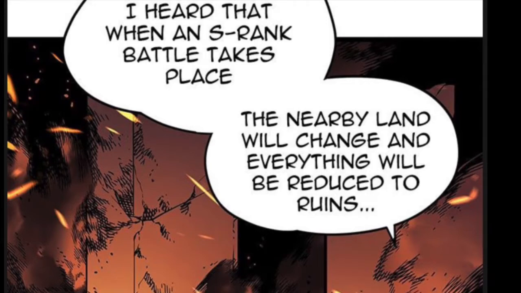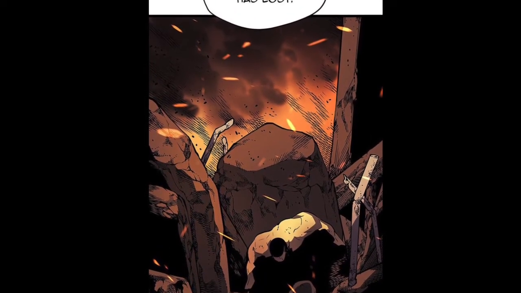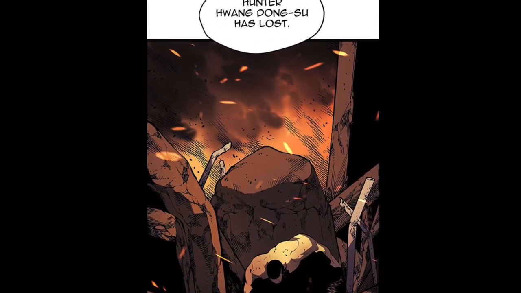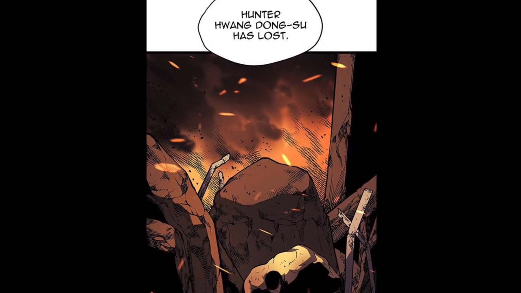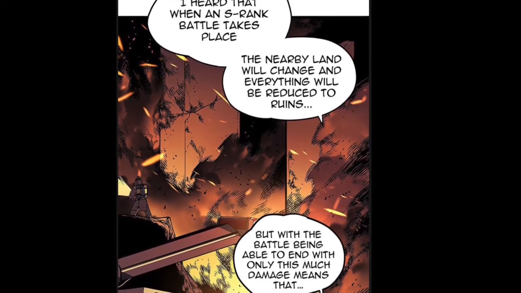It was stated that fights between S rank would literally remove the land and turn it into ruins. When Sung Jin Woo's father fought with another S rank, it was too overwhelming. Sung Jin Woo's dad was too strong, so the fight ended before it even got serious. And as you can see, there was so much damage.